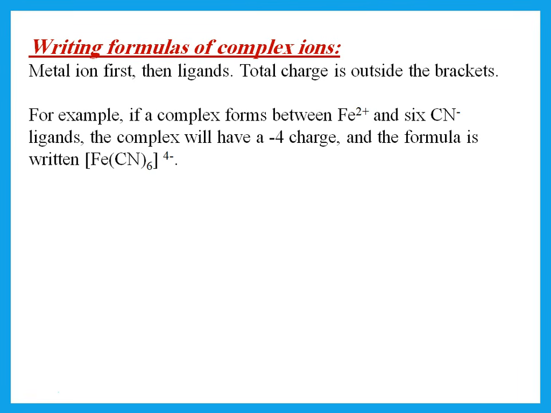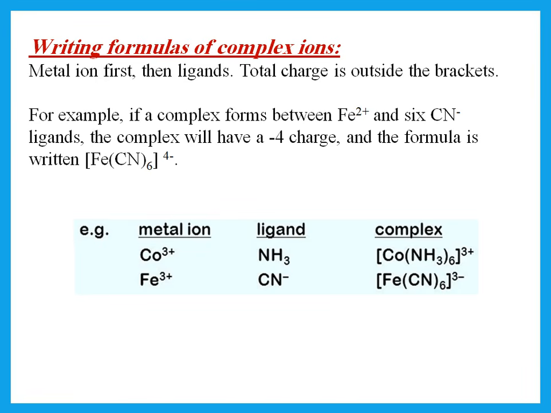Then, how do we write formulas of a complex ion? What we do is we write the metal ion first, and then the ligands, and then the total charge outside the brackets. For example, if I have a complex between iron 2+ and 6 cyanide ions, then the complex will have an overall charge of 4 minus, and the formula is Fe(CN)6 in brackets with 4 minus.